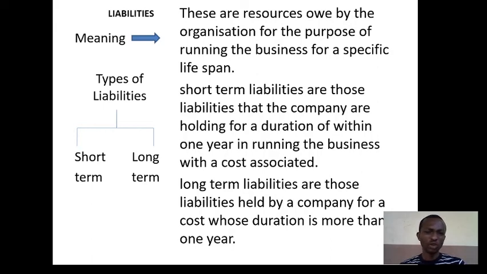That is one of the major costs associated with creditors. Two, you may have enjoyed a discount for paying cash, but if you owe, you will not enjoy that discount. That is another cost.